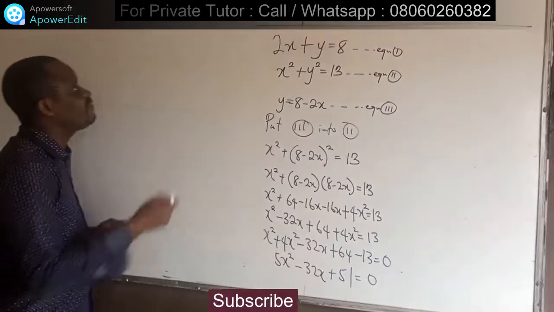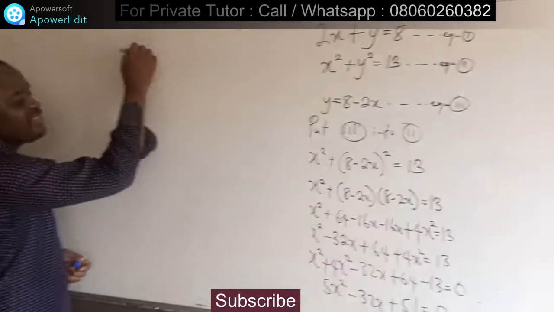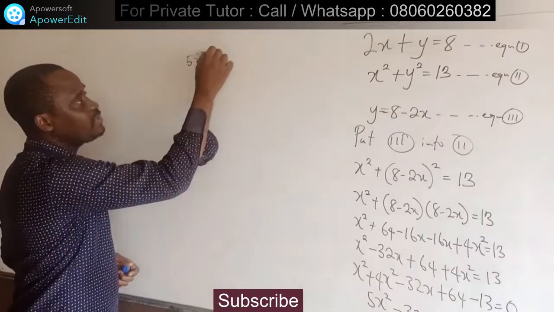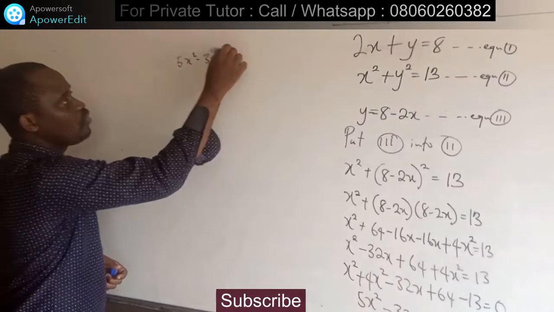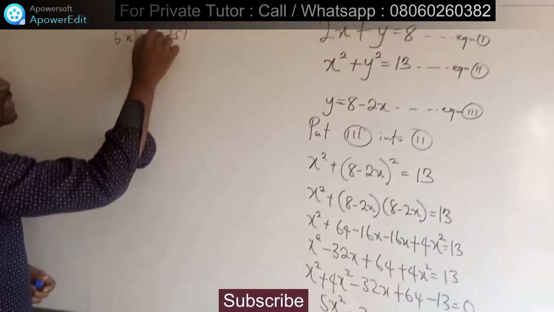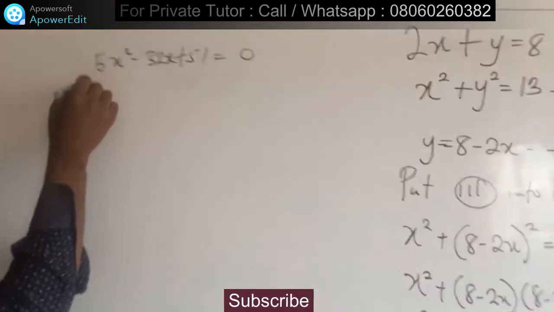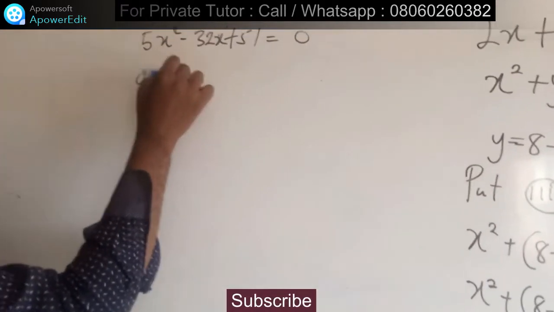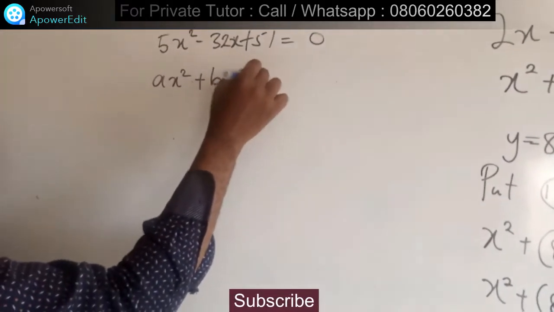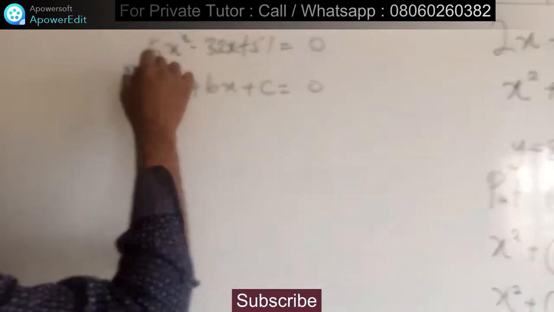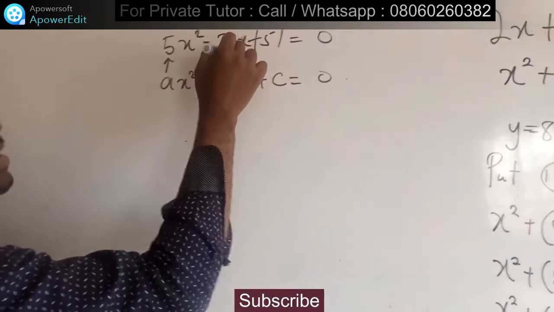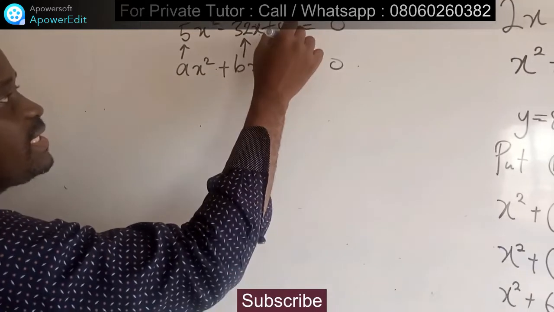So coming to the general formula, I have 5x squared minus 32x plus 51 equals 0. From here, ax squared plus bx plus c equals 0. A is 5, b is minus 32, and c is 51.